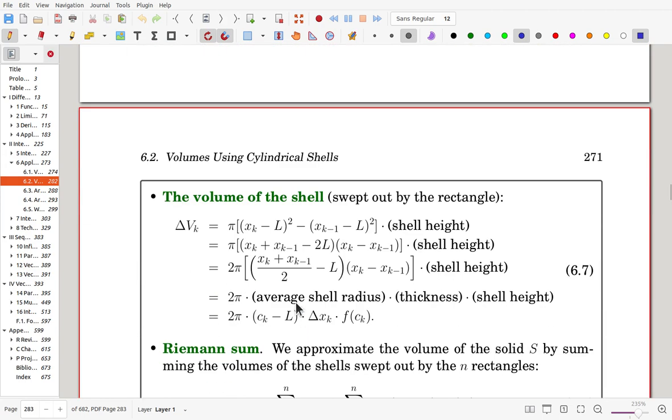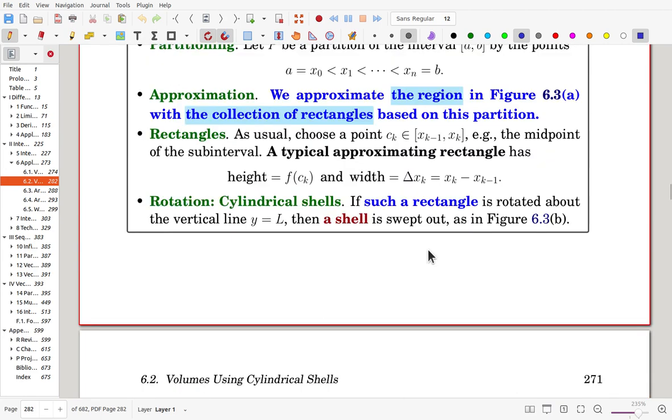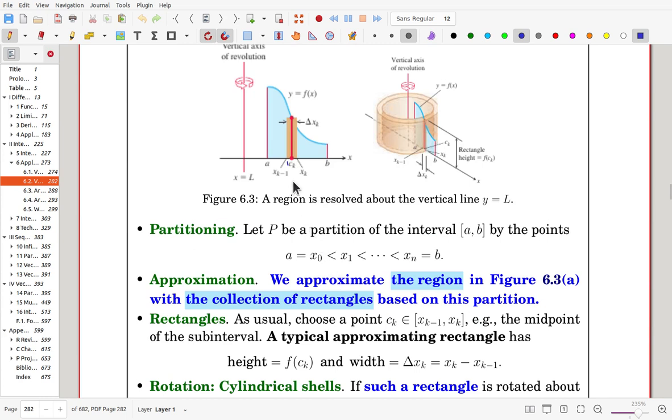Here we have the volume of the shell, the kth one, delta V_k. When it is rotated, the volume of the shell can be computed in this way.